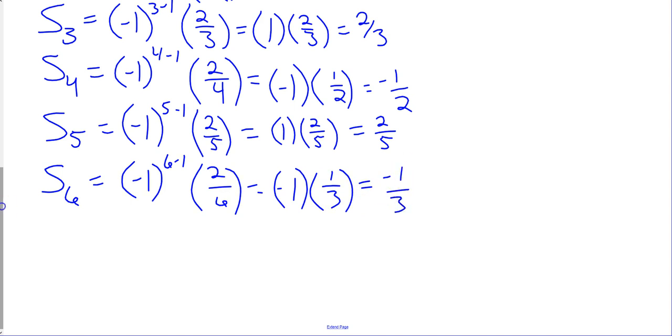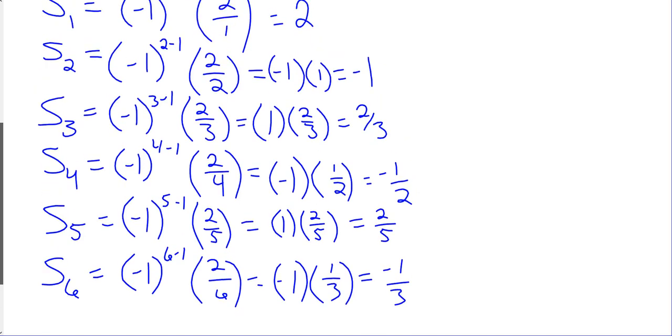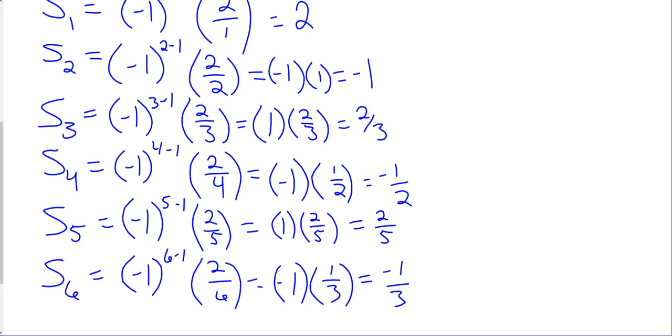So my first 6 terms of my sequence would be 2, -1, 2/3, -1/2, 2/5, and -1/3. You see that my sign alternates between positive and negative because -1 to an odd power is negative, and -1 to an even power is positive. So that's what makes the sign switch back and forth.